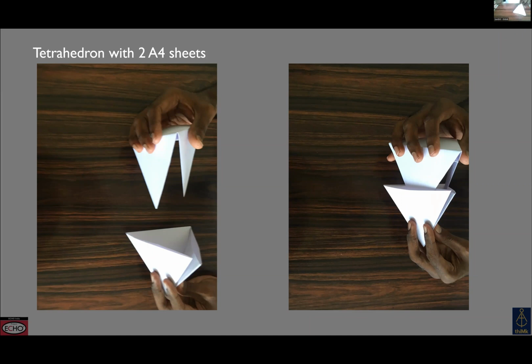And this looks like a solid tetrahedron. Yeah. Wow. It looks pretty solid actually. It is not light at all. And if we can do this in a half A4 sheet, the smaller it is, the even more sturdy.